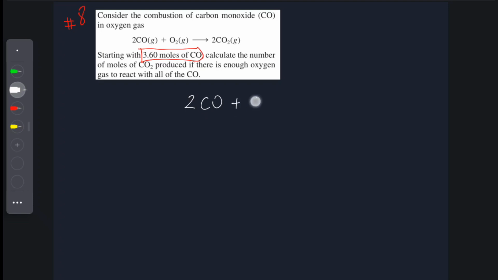Carbon monoxide, oxygen, and this is in excess. Okay, we don't have to worry about oxygen. So we have 3.6 moles of carbon monoxide and there is a 1-to-1 ratio.